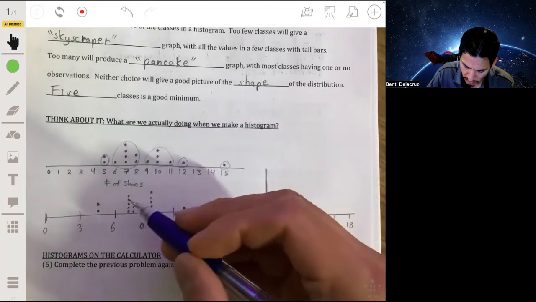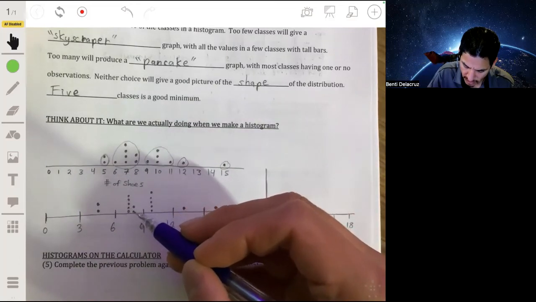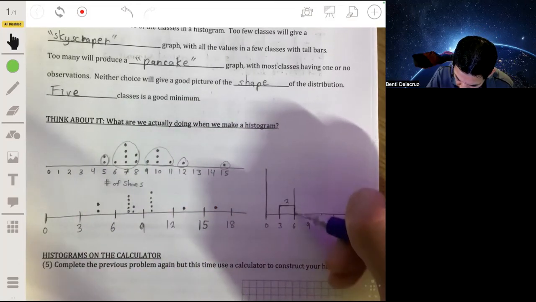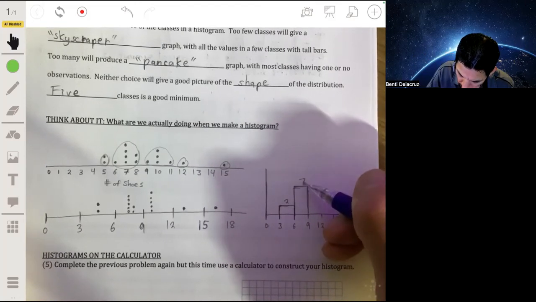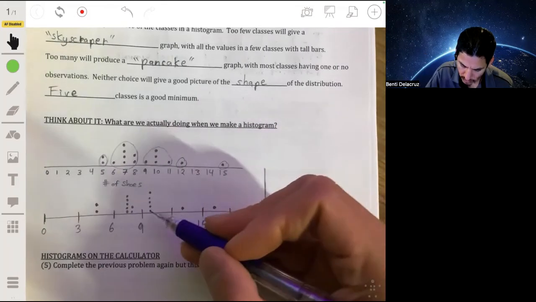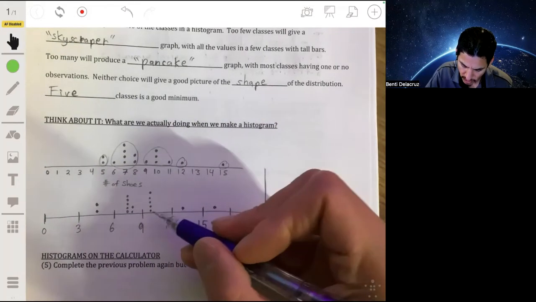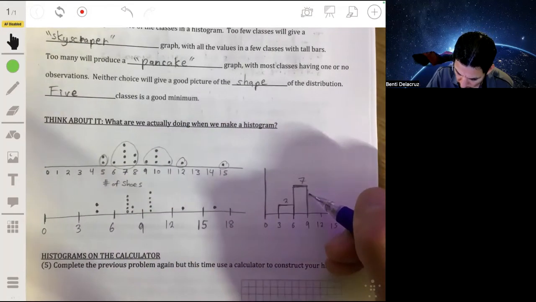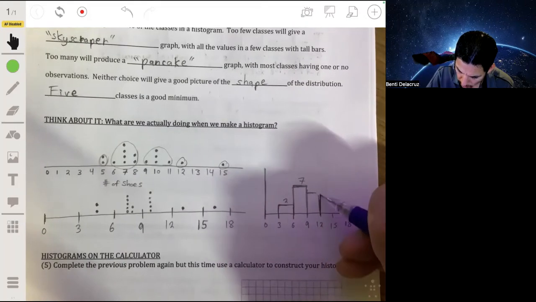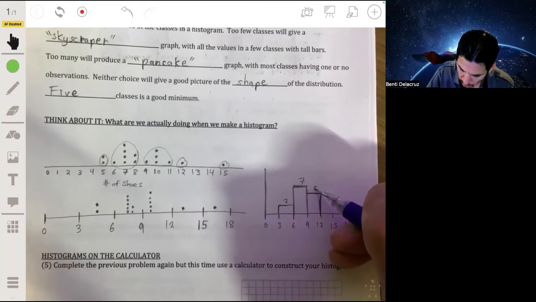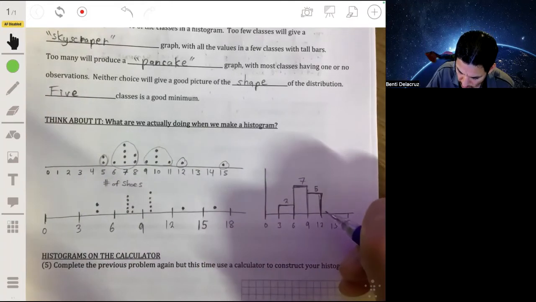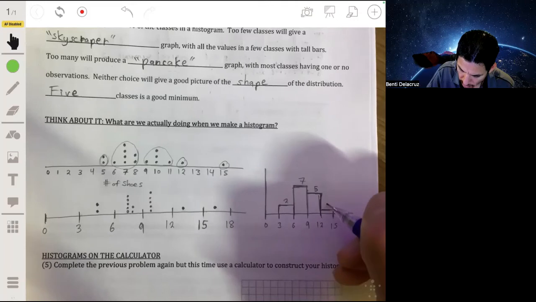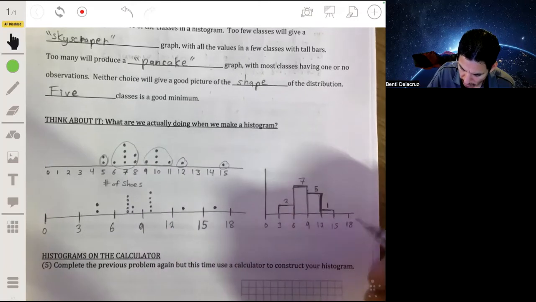This next one, we would have 1, 2, 3, 4, 5, 6, 7. Something like that. On to the next one, 9 to 12, 1, 2, 3, 4, 5. Then 12 to 15, we just got 1. And 15 to 18, we got just 1 again.